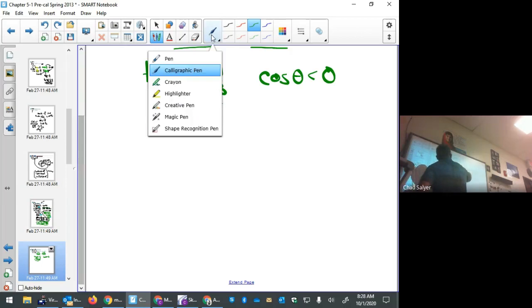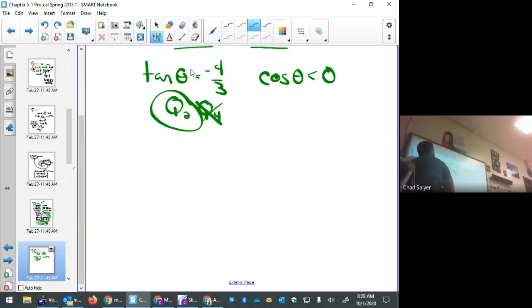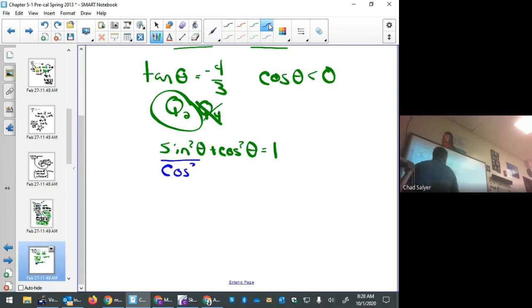All right. So tangent theta equals -4/3. If we want sine squared theta plus cosine squared theta equals 1, we want to algebraically manipulate this in some way that gives us the tangent. Remember that the tangent is the sine over the cosine. So let's divide everything by cosine squared theta.